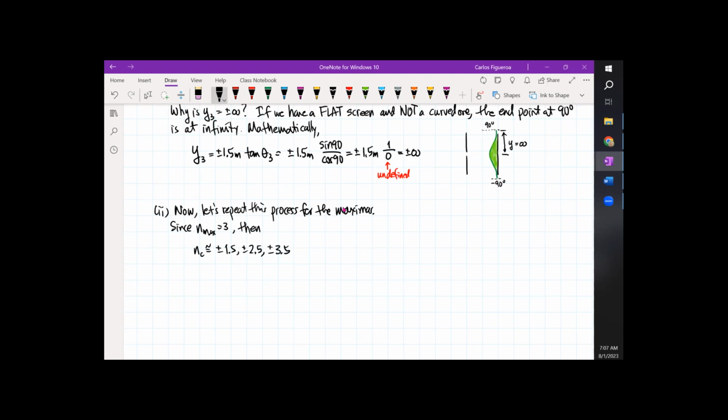And so as I start to sum these, you could see here that right here, it exceeds n max of 3. So the sequence stops here. So then this tells me that NC is equal to 2, and the number of maximas goes something like this. So I'm going to get 2 times 2 plus 1 gives me 5 maximas.